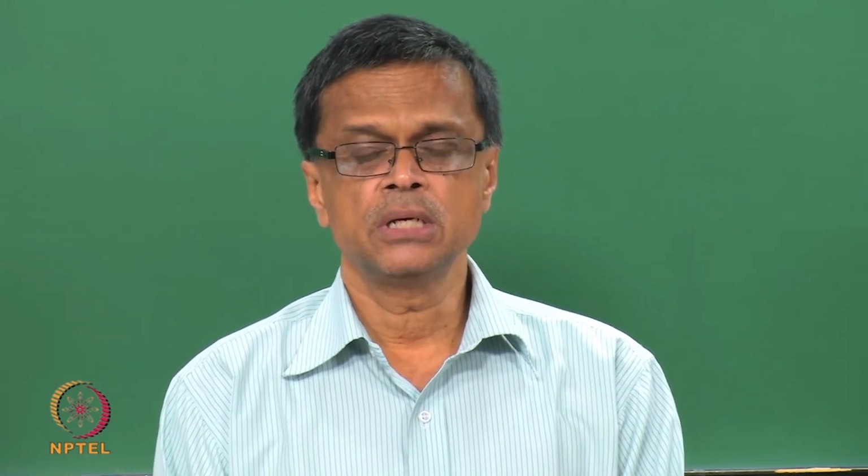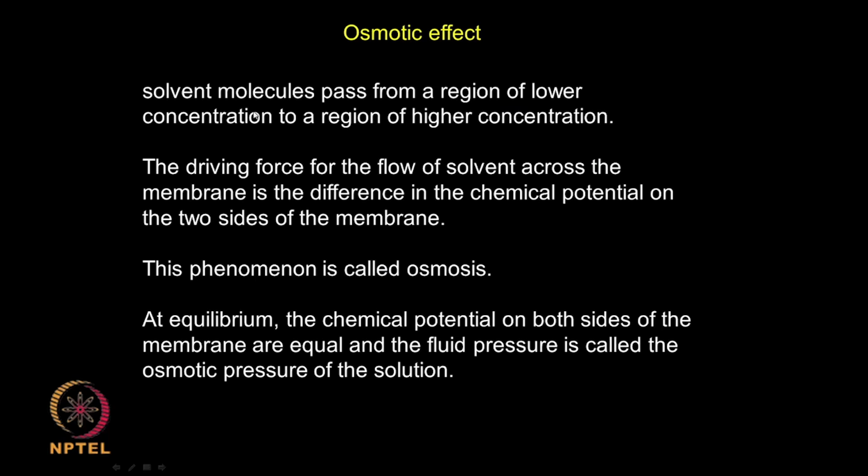So, we need to understand a little bit what is the osmotic effect and what is osmotic pressure, so that we can understand what is reverse osmosis. If you take solvent molecules, they pass from a region of lower concentration of some solute to a region of higher concentration of the solute. So, the driving force for the flow of solvent is chemical potential.